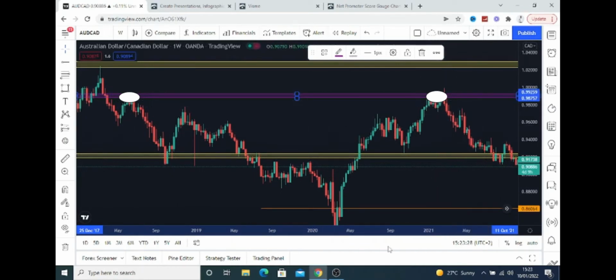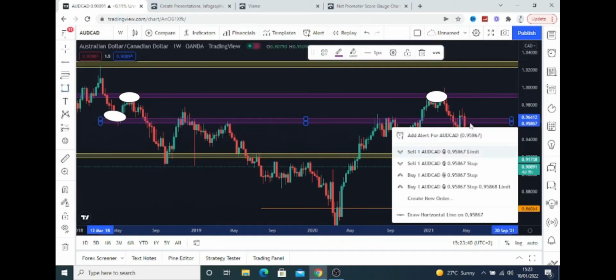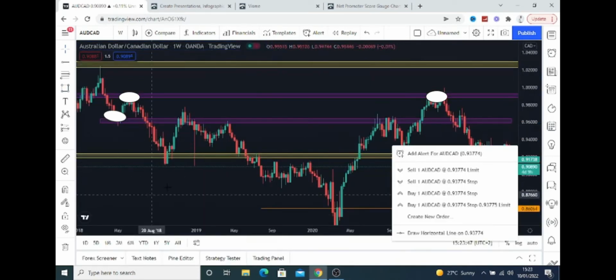And then which other area is okay? There's another area here that we need to also cater for. Sorry about that. So if you're looking at this area here, it was a support, and then the price went up and then it came down, it broke this area, it came down, it came up and retested and then came down.